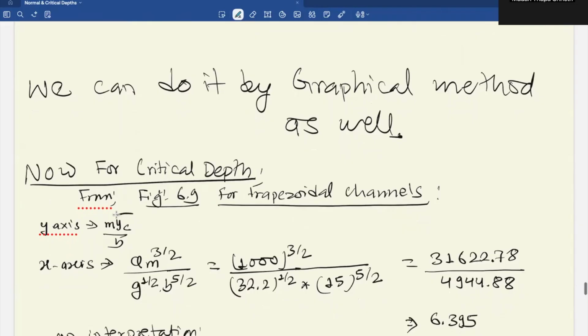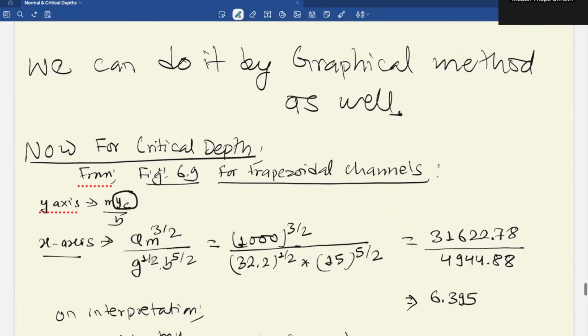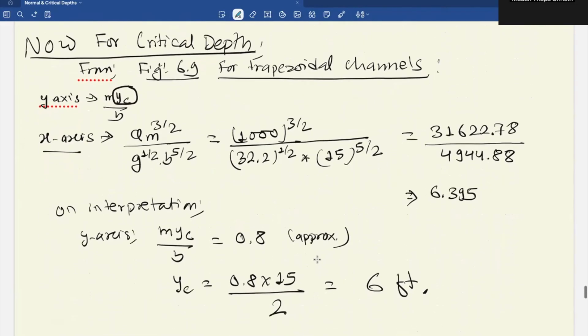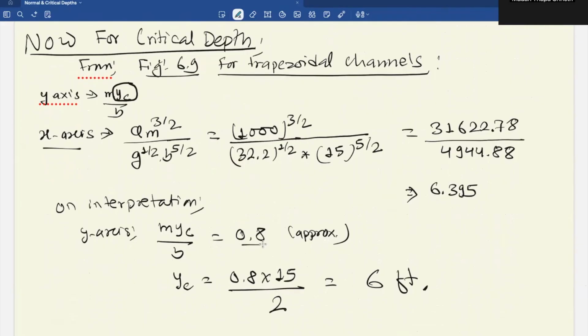We don't know the value of this yc, so we will be interpolating the value obtained from the x-axis to the y-axis, and on interpolation we get a value of approximately 0.8, and that gives us a value of yc, that is critical depth, as 6 feet.